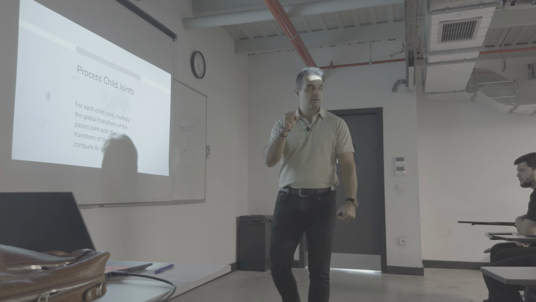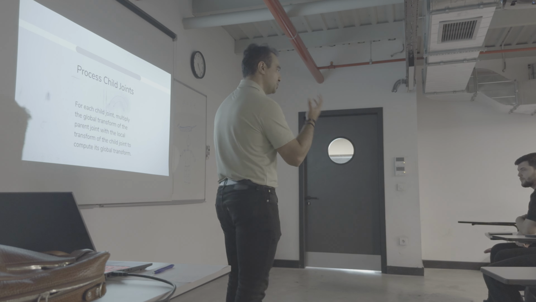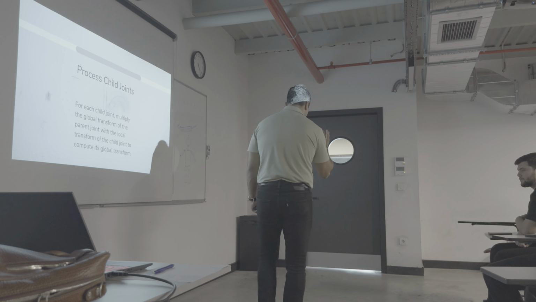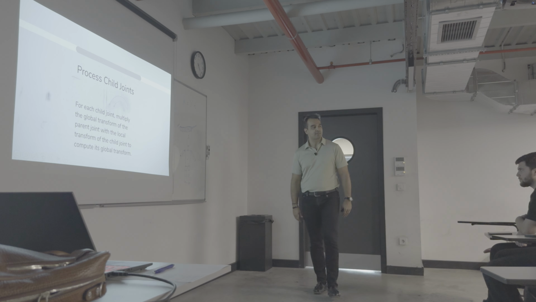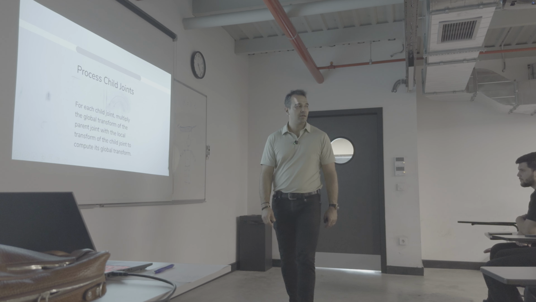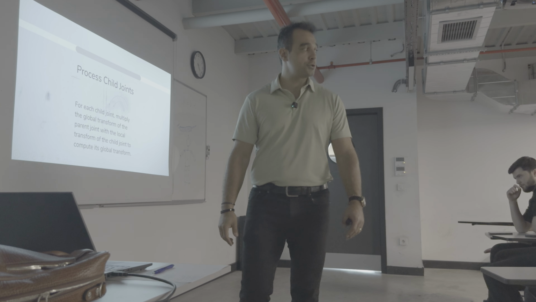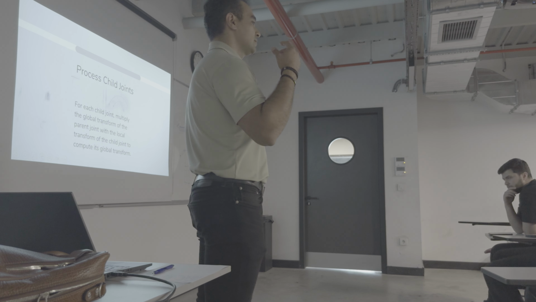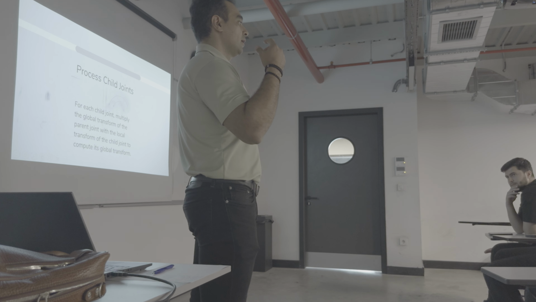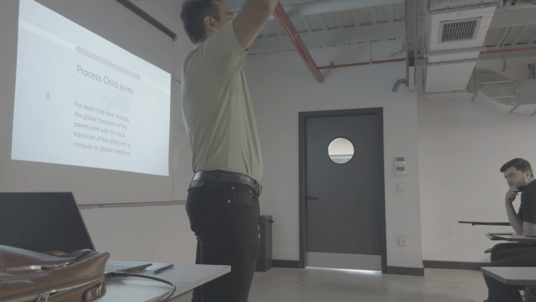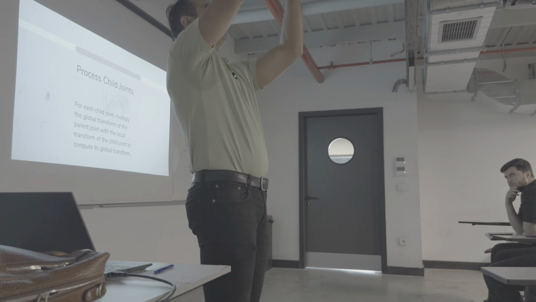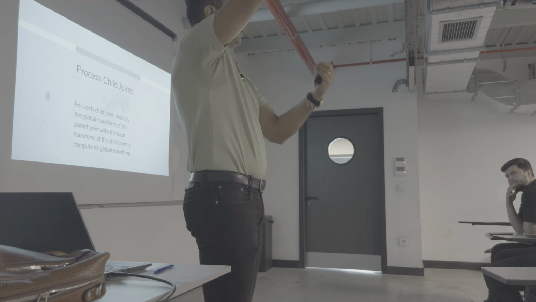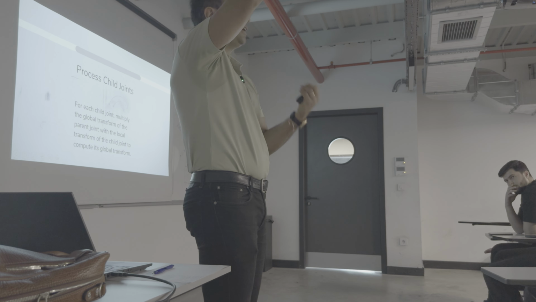No. When we come to the child joints, my hands behave like this while I am walking. It keeps the posture of standing. But if I put my arm upward, can you see my fingers? Its posture differs.